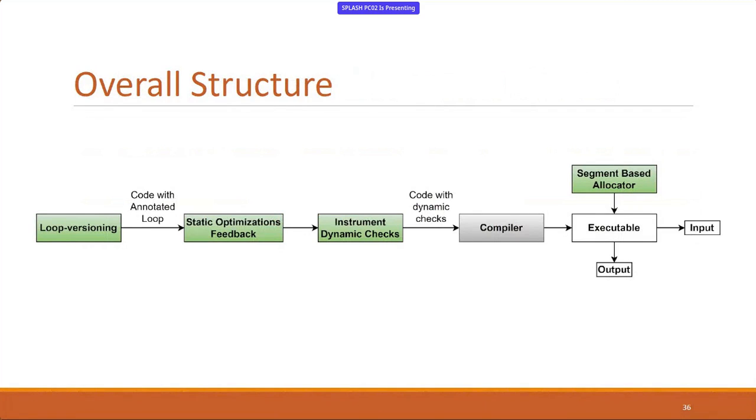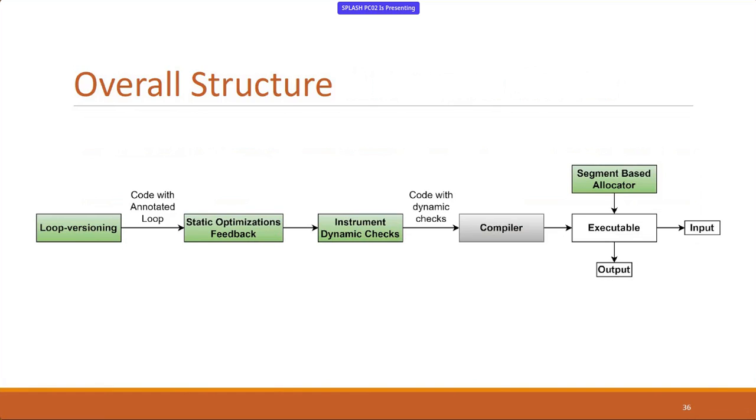So to summarize our approach, this figure shows how all the components of our approach work together. At first, loop versioning creates two copies of the loop, the annotated and the original copy. Then this modified code is fed to the static optimizations for feedback, which filters out those loops which cannot be optimized based on the additional information.